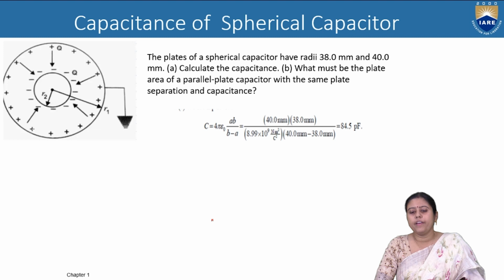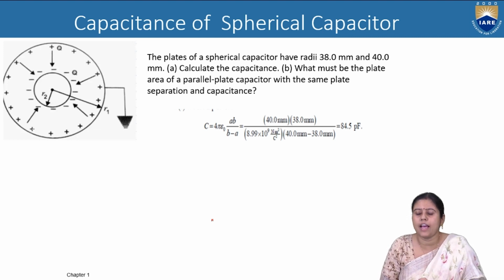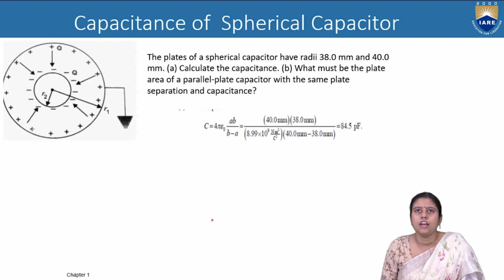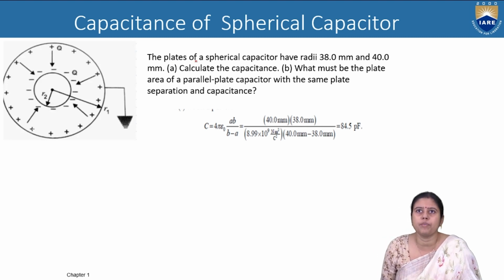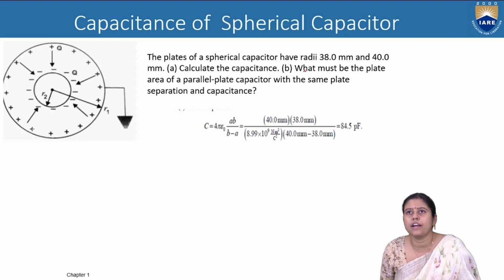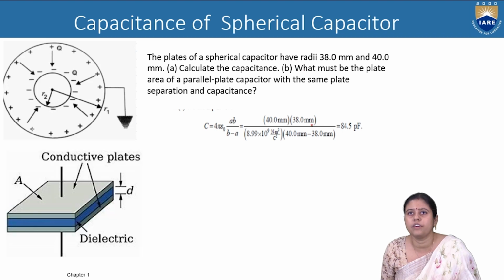The parallel plate of a spherical capacitor have radii of 38 mm and 40 mm. Calculate the capacitance. What must be the plate area of a capacitor with the same plate separation? So this is the next question. We have to calculate the capacitance of a spherical capacitor with radii of 38 millimeter and 40 millimeter.